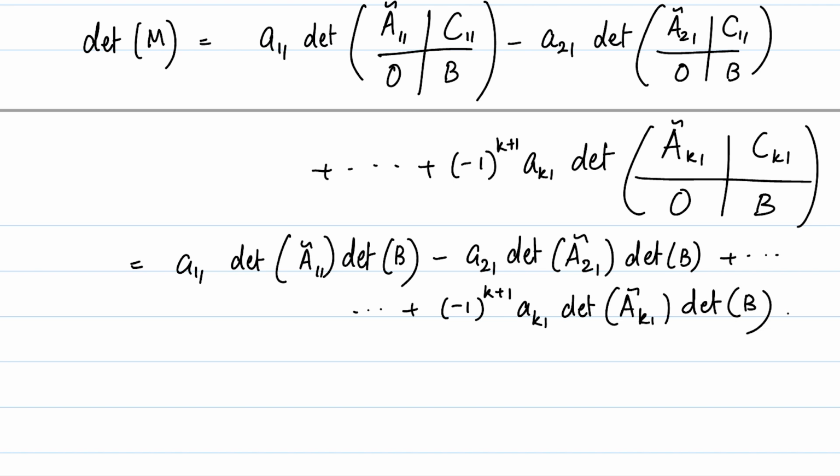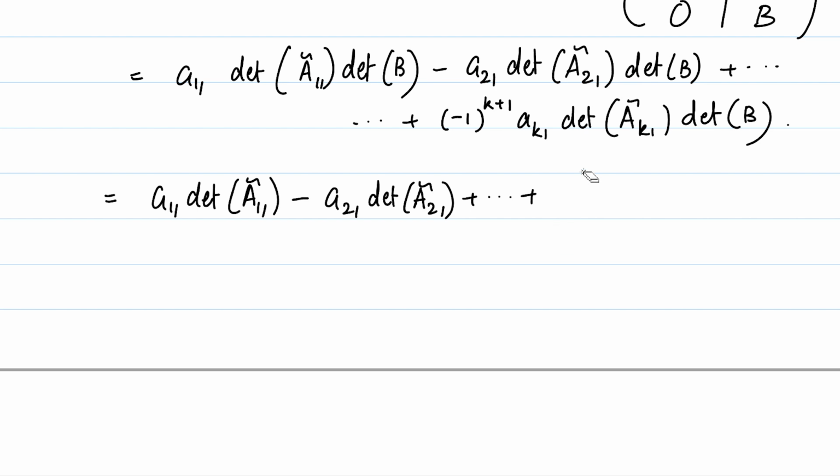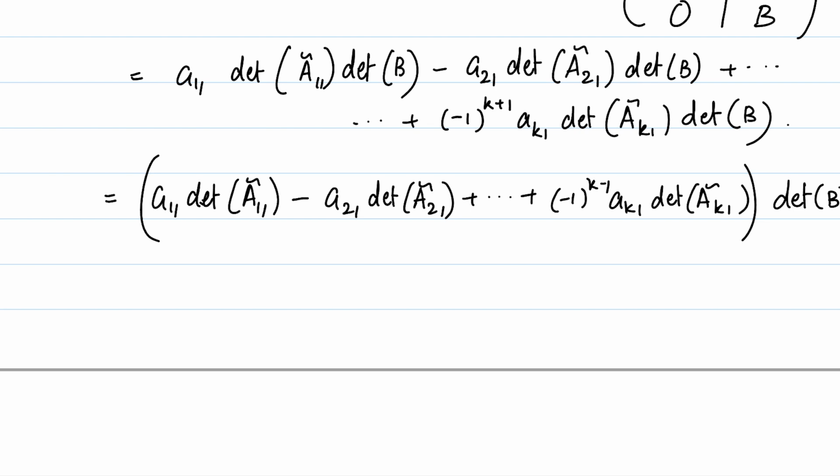Now, if you notice carefully, there is a determinant of B here which is common, which is hence equal to A11 times the determinant of A11 tilde minus A21 times the determinant of A21 tilde plus up to minus 1 to the power k plus 1 AK1 determinant of AK1 tilde, the whole times the determinant of B. Now that's interesting because this first term is the determinant of A and the second term is the determinant of B, and that is precisely what we had set out to prove.